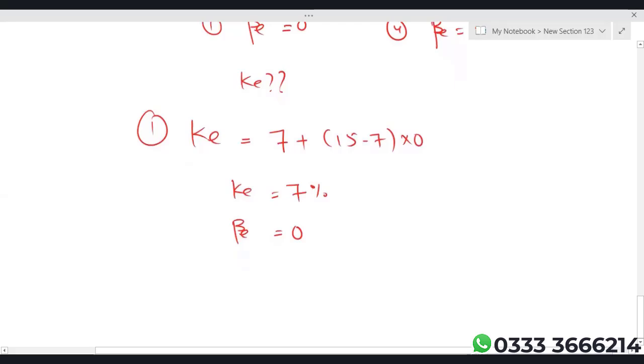When equity beta is 0, it means that your investment is not facing any risk. And there's only one investment which does not face any risk: that is a government bond, when you are making an investment in a government bond. So if I'm not facing any risk, I'll demand a return which is equal to RF. So whenever equity beta is equal to 0, your KE will be equal to RF.